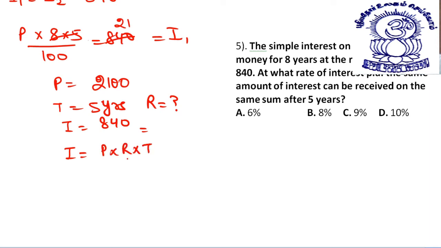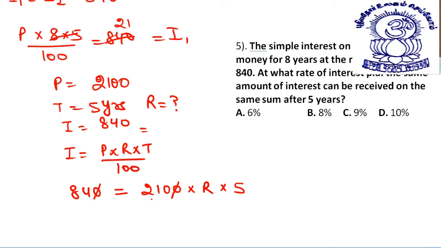Okay, dear students, now see how easy it becomes. 840 is equal to the principal you have already found out, 2100, into the rate you need to find out, and the time is given to us as 5 years. This 0 and this 0 cancel out.